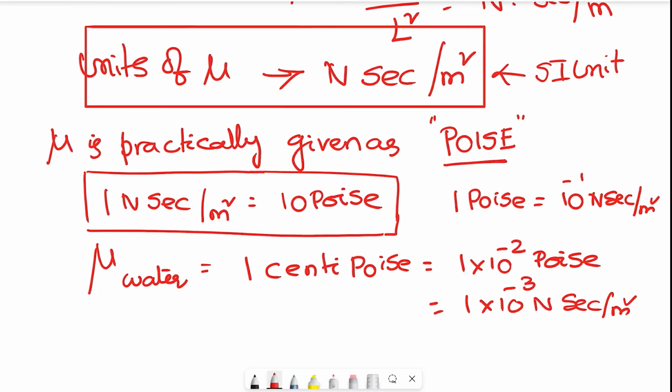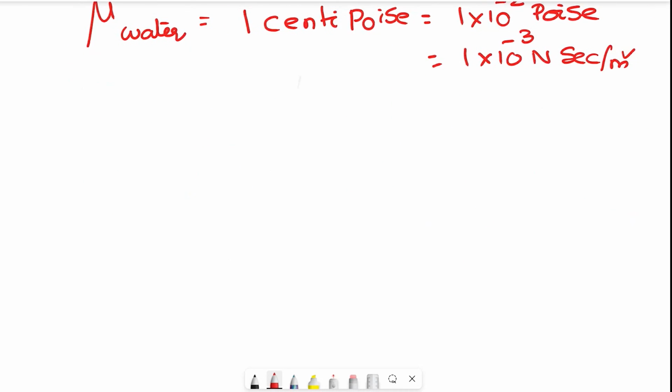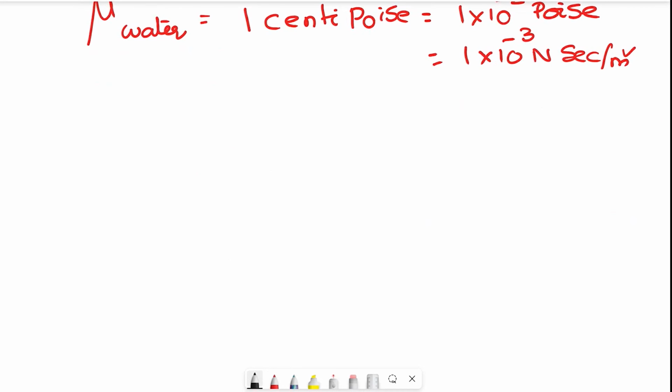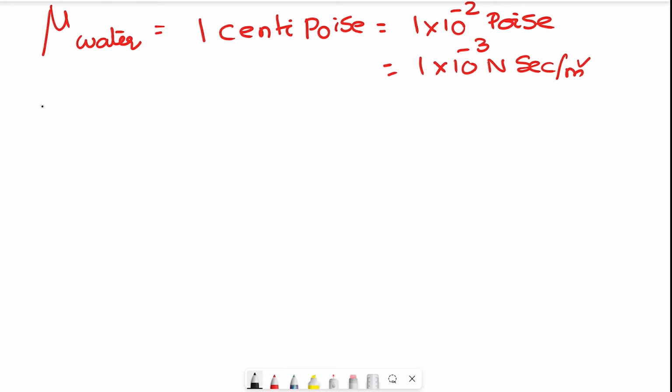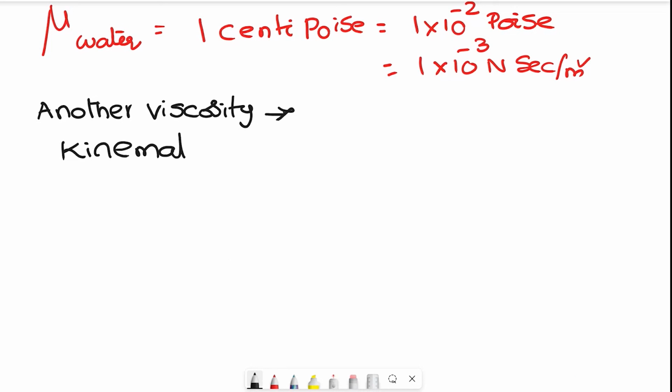And last thing here, one point I should make clear. In fluid mechanics, there is one more viscosity which we commonly use. That other viscosity is kinematic viscosity.